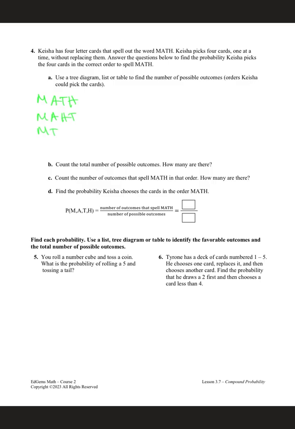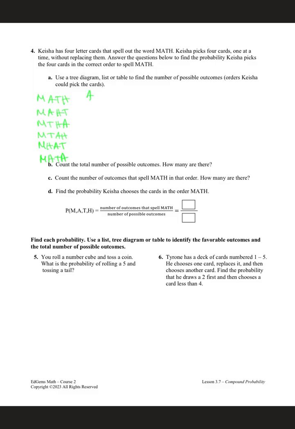M, T, H, A, then M, T, A, H. My next letter combination could be M, H, A, T, and I'm going to try and shrink this down so I can put my last combination. Give me just a second. And my last letter combination is M, H, T, A.